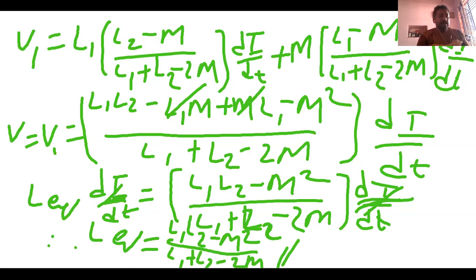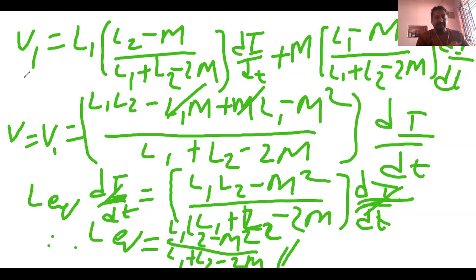Similarly, we'll go ahead when we go to this parallel opposing also. So this is about this equivalent inductance. Everyone understood that when we substitute this, V1 is equal to V2 is equal to V, but we have taken only V1.